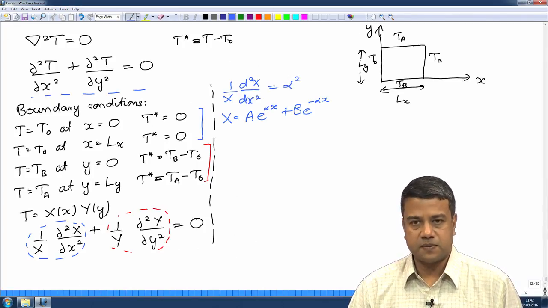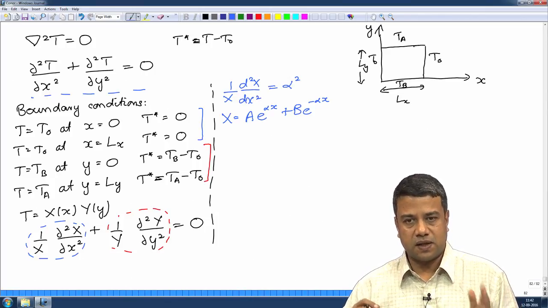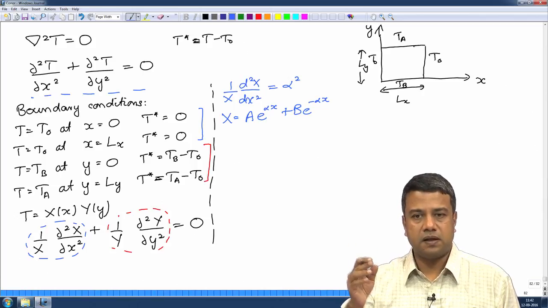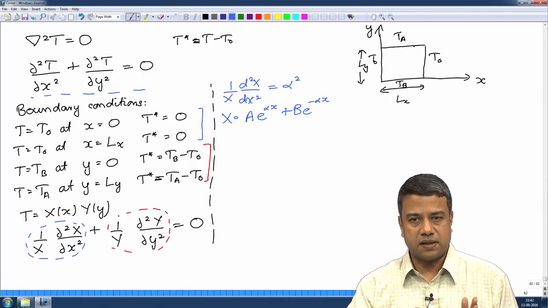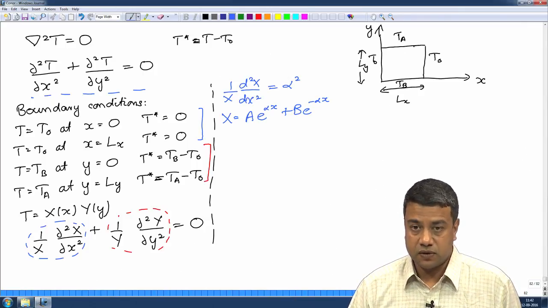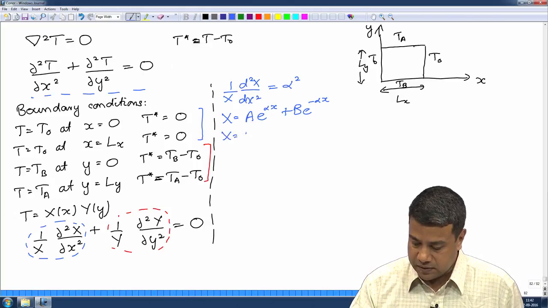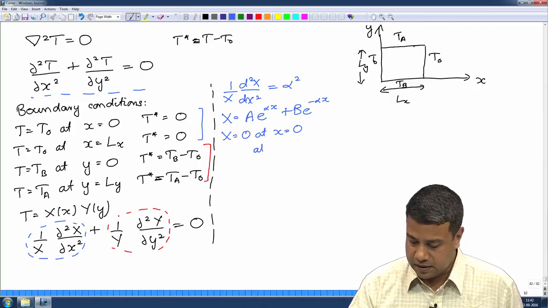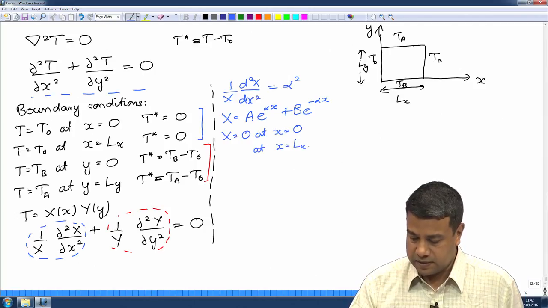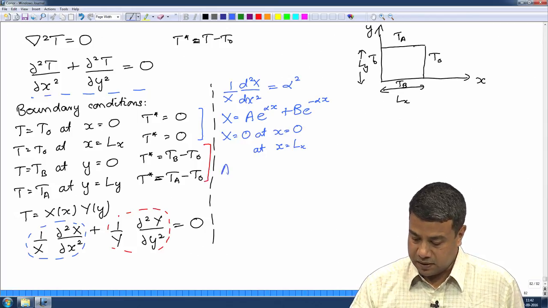These exponentials do not pass through 0. E power plus alpha x is 1 at 0 and goes to infinity. E power minus alpha x is 1 at x equals 0 and goes to 0 as x increases. These are monotonic functions. Therefore, if I impose X equal to 0 at x equal to 0 and at x equal to Lx, the only solutions I get are a equals 0 and b equals 0.